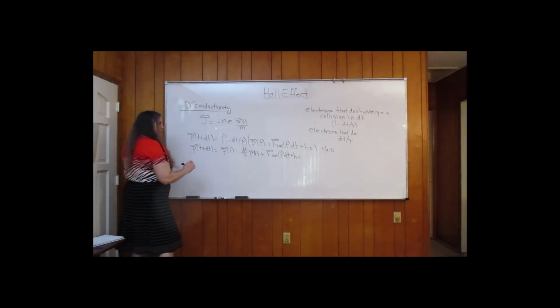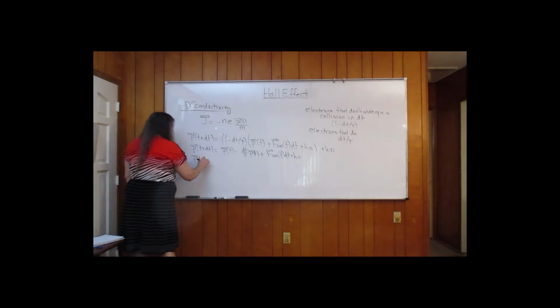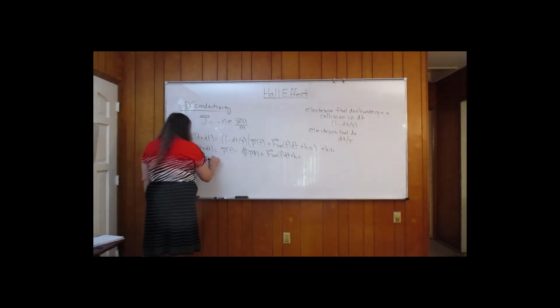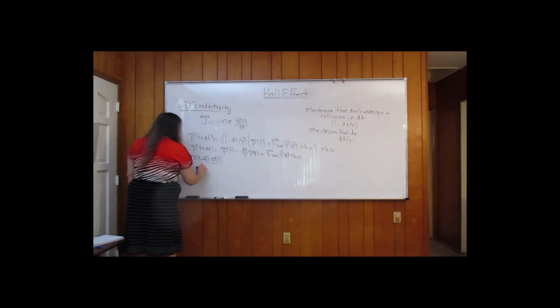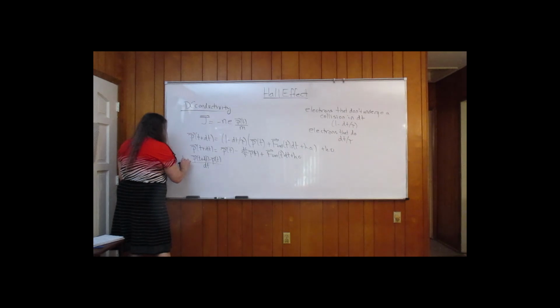So it's going to go to 0 anyway, so we'll just collect that together. Subtract p of t from both sides. And I'm going to divide every term through by dt, and we'll take the limit as dt goes to 0.